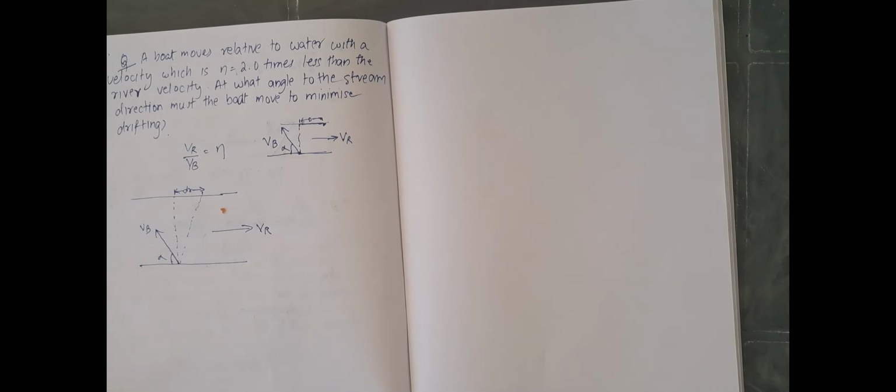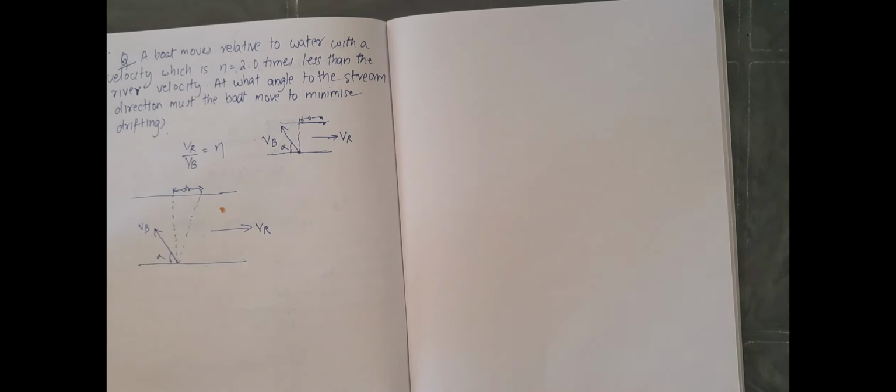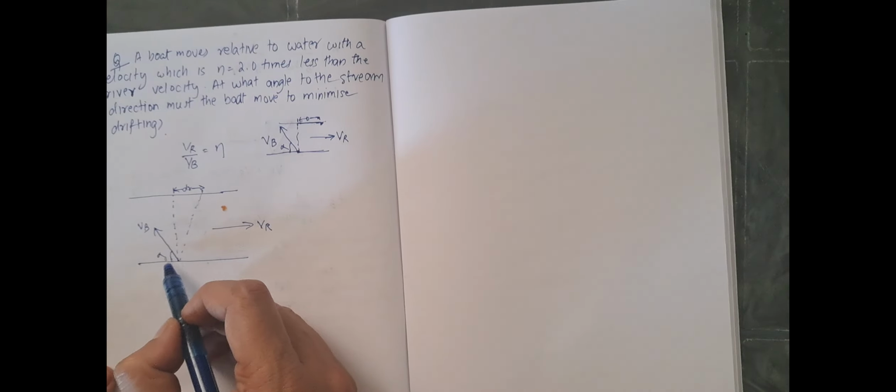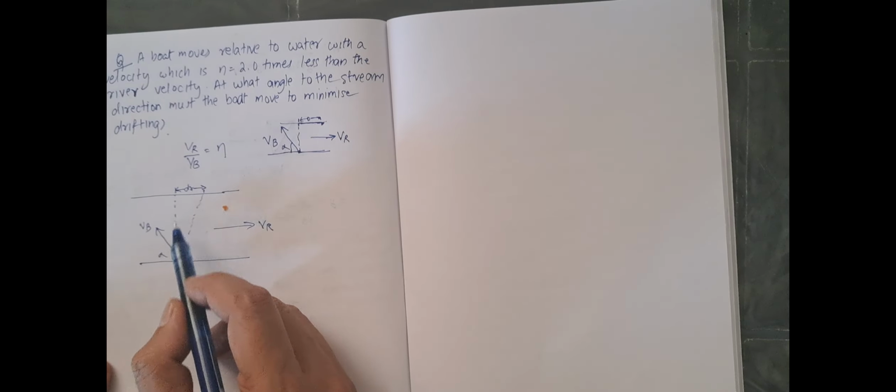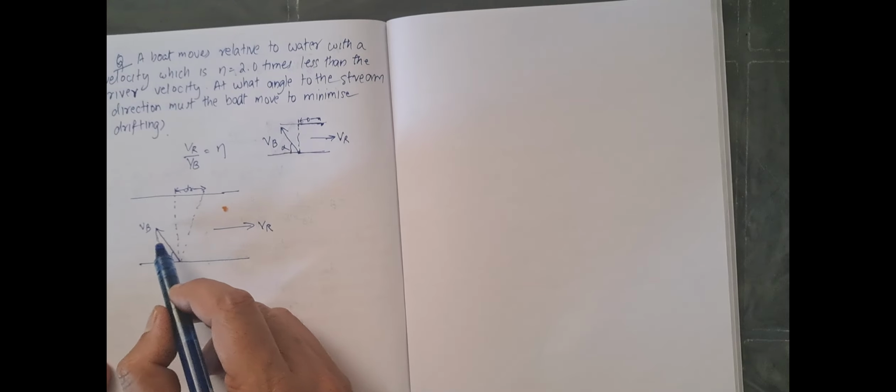Now, what we need to understand here is that there are two opposite things, right? The greater this angle alpha, the more will be the value of VB sin alpha.